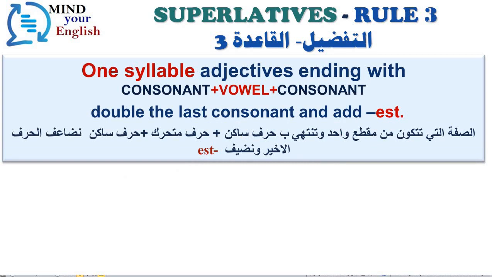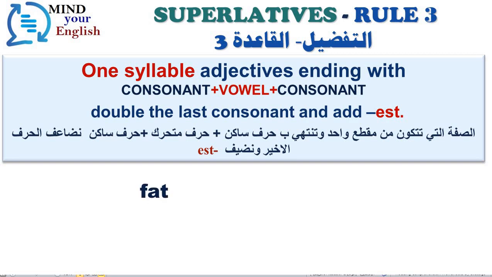Superlatives. Rule 3. One-syllable adjectives ending with consonant plus vowel plus consonant. Double the last consonant and add est to the adjective.